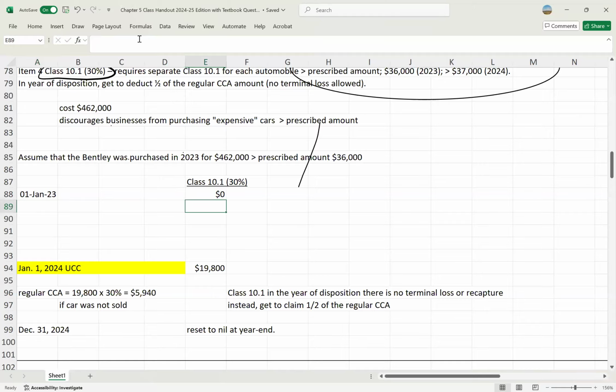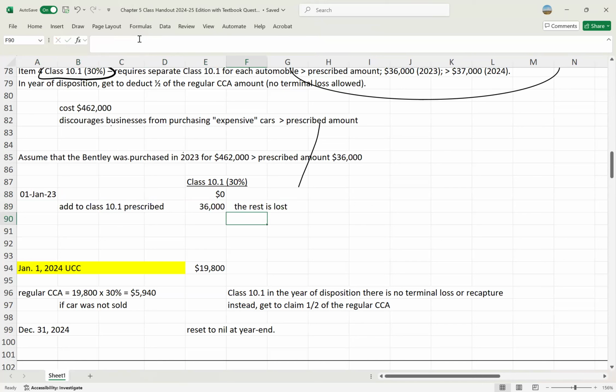And then this is sort of where the prescribed amount comes into play. Even though we bought the car for 462,000, the amount we add to class 10.1 is the prescribed amount. So we only get to add 36,000. So basically the rest is lost.